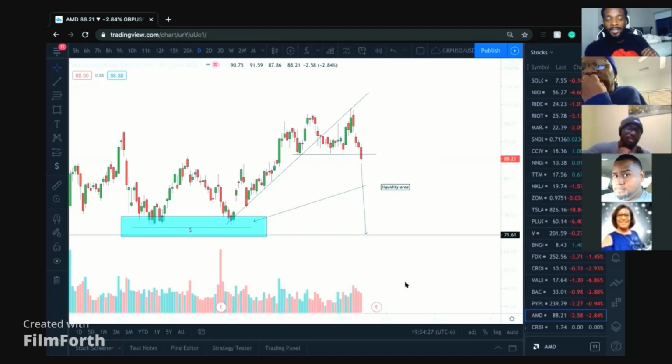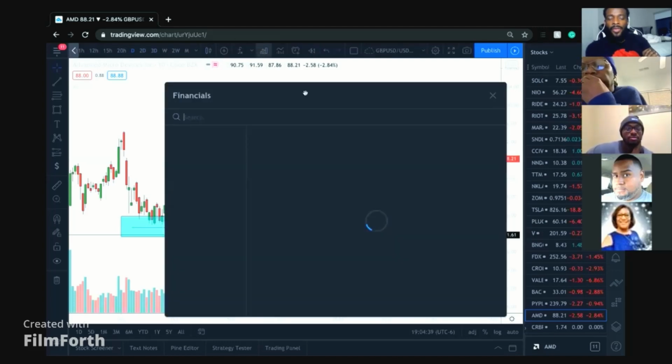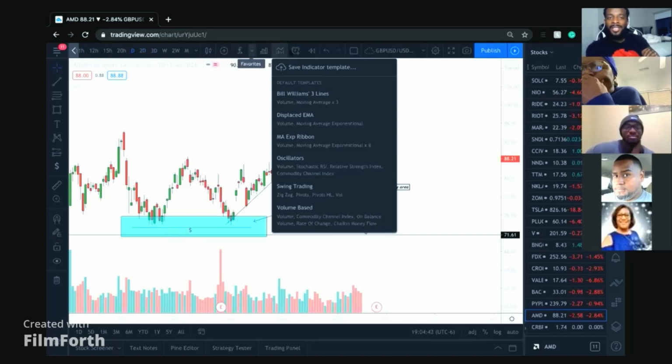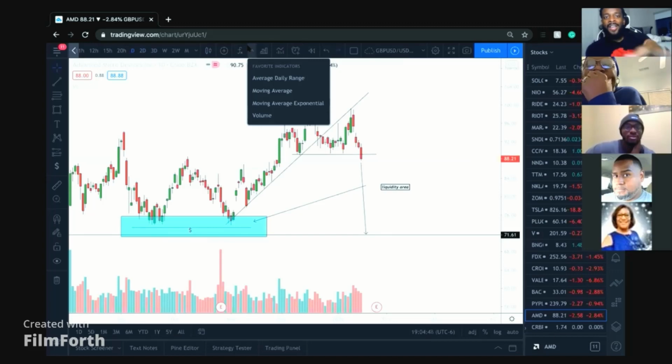Another thing you could add, I don't think I've shown Nez this before. Nez, go to your indicators. See, indicators, where are they? Here, FX. I always think that should be the indicator button. I don't understand why it's FX.